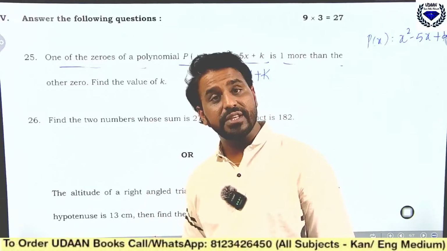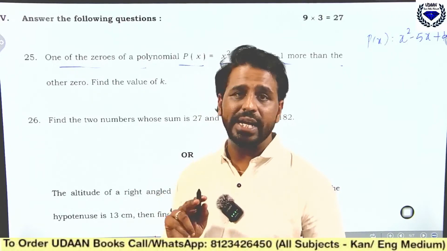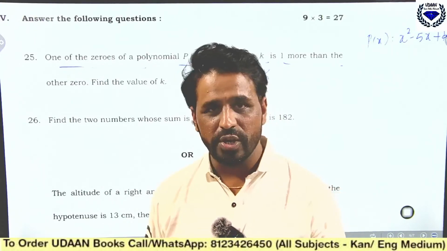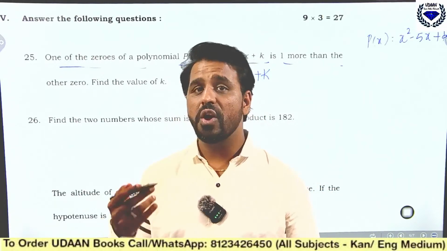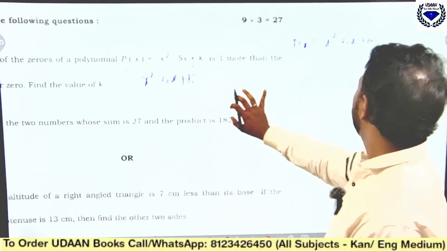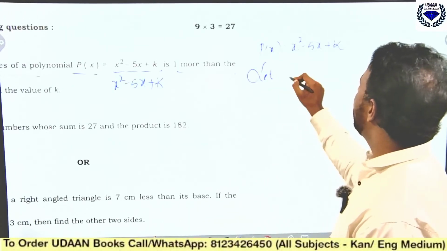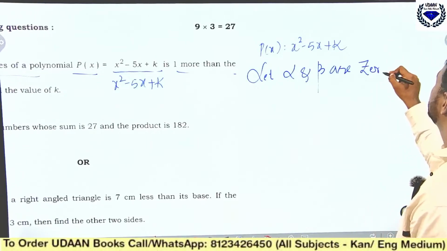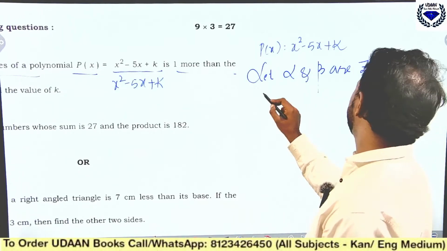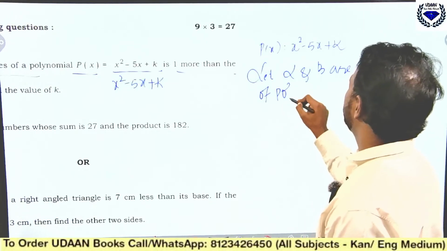Can you tell me which are the zeros of the polynomial? You know that alpha and beta are zeros of the polynomial. So let alpha and beta be the zeros of the polynomial.